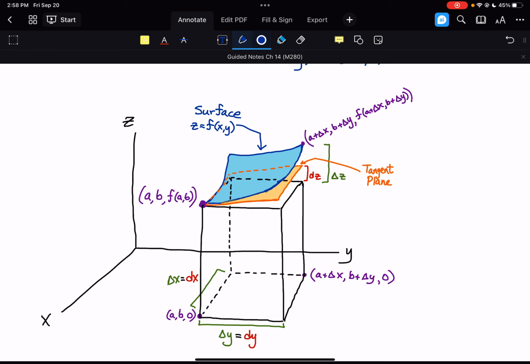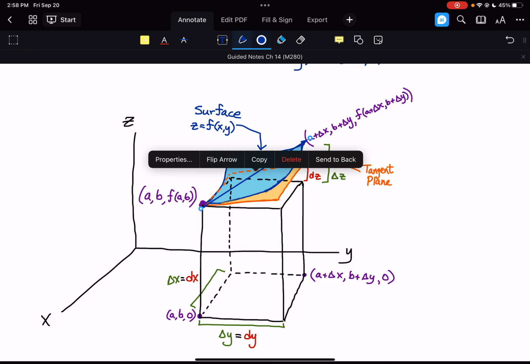Now, if we use the function itself, we can find the change in the function using delta z. Delta z is the actual change in the value of the function. This is the original starting height, and we go up this high to get to the new one.